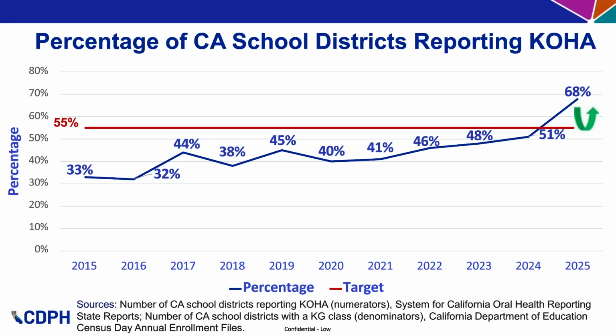If you look at the numbers, the estimates from 2014-15 have almost more than doubled in the most recent years. So from 33% have risen to 68%. This upward trajectory reflects the continued and sustained progress in the participation by school districts and reporting.